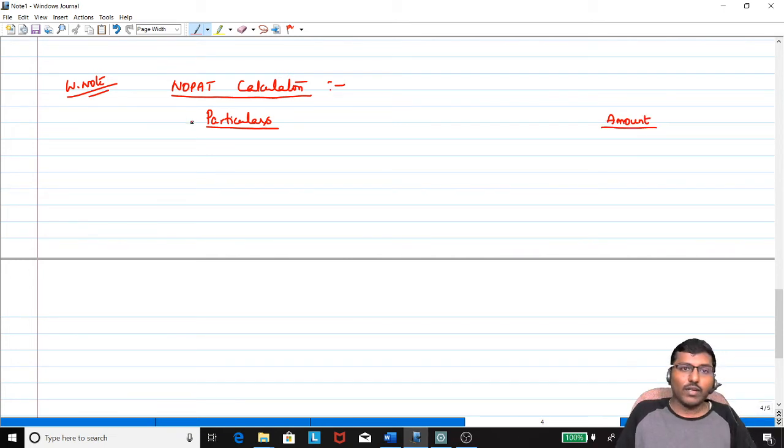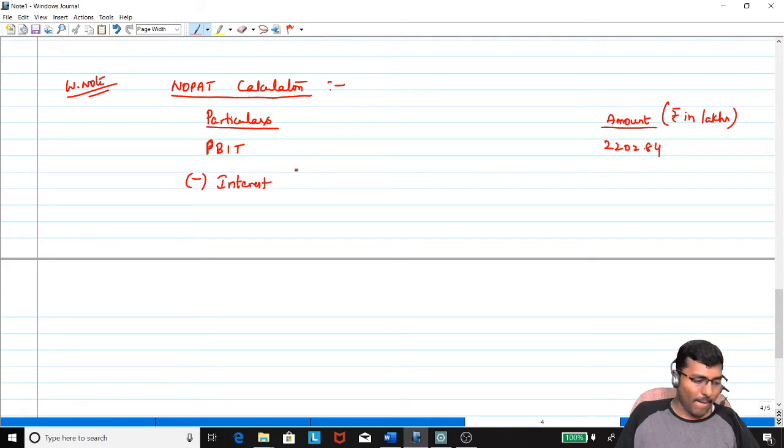First we have profit before interest and tax. So all the rupees will be in lakhs. 2202.84 lakhs. From this, let's reduce interest. How much is interest? Interest paid is 13.48 lakhs, directly given in the question.